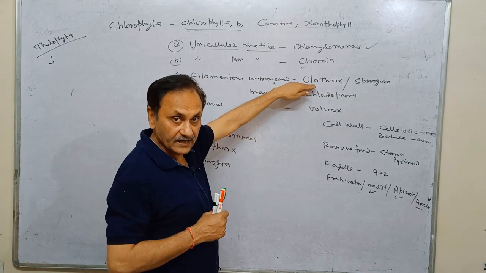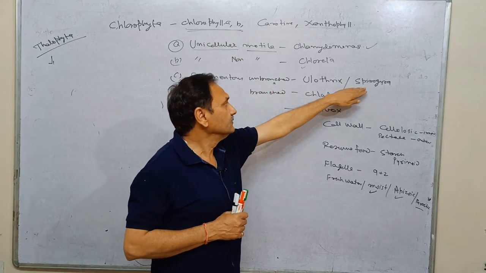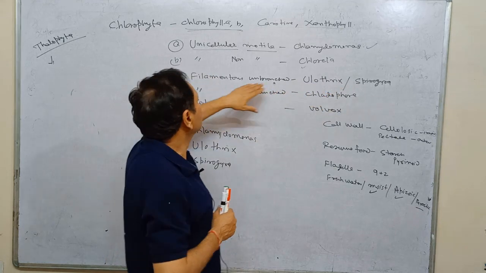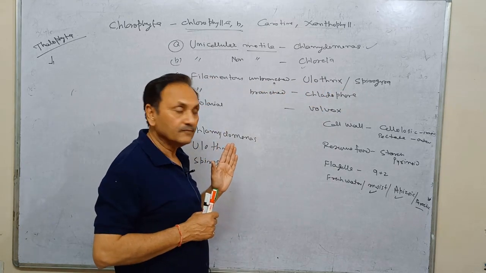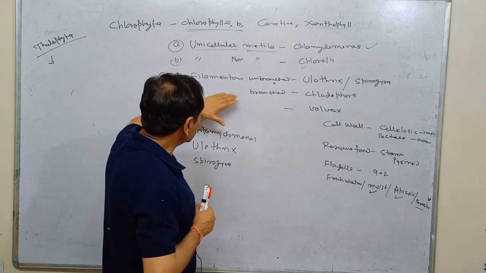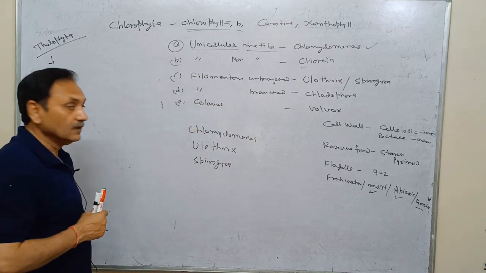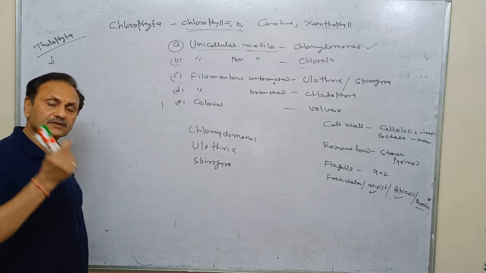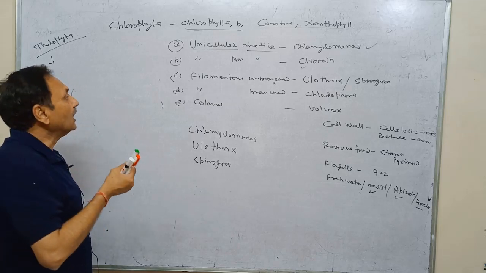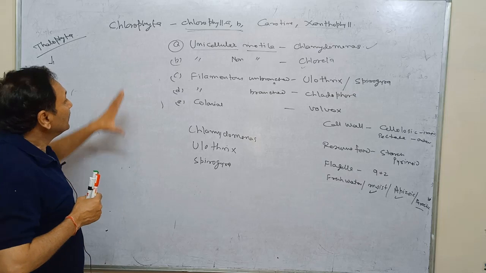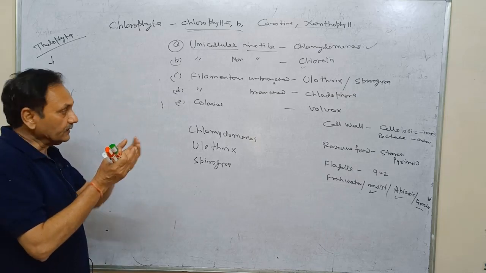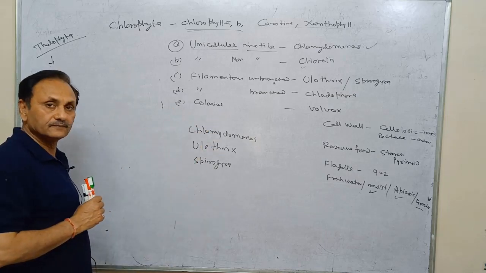Ulothrix is stagnant and Spirogyra is floating, but both are unbranched. The filamentous branched one is called Cladophora. And some of the unicellular algae lead their life in the form of a colony.